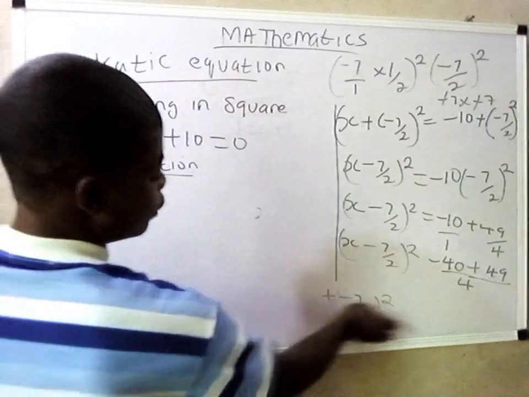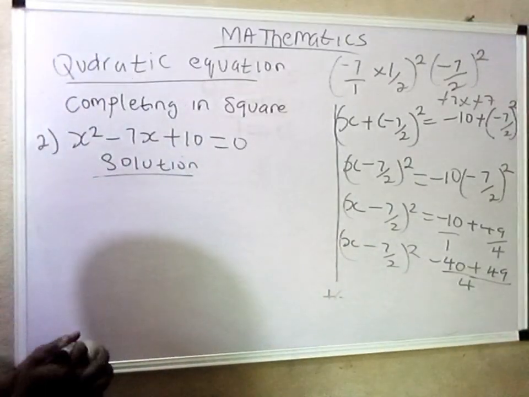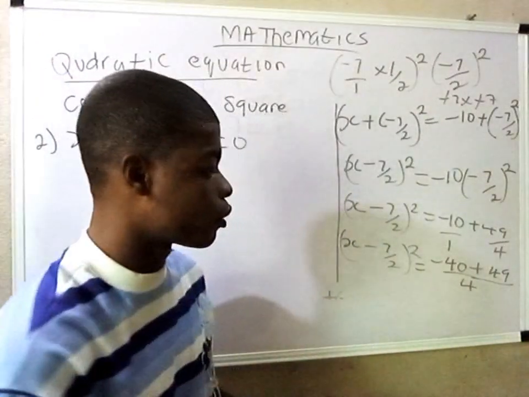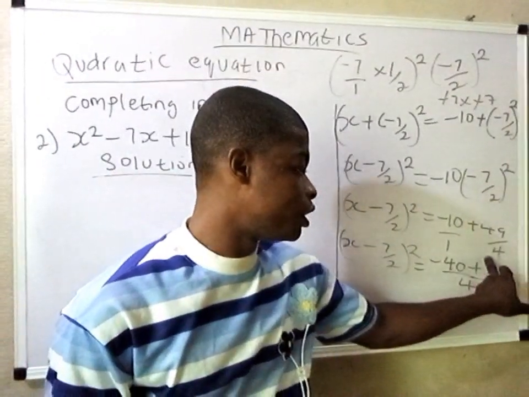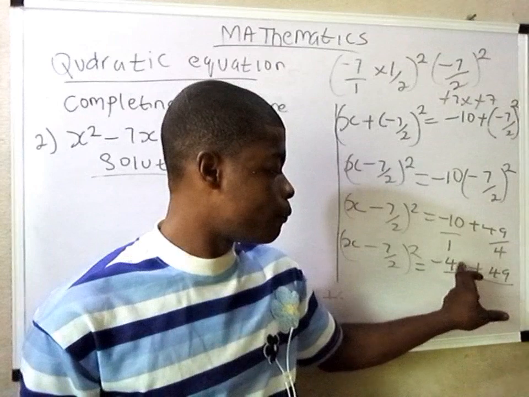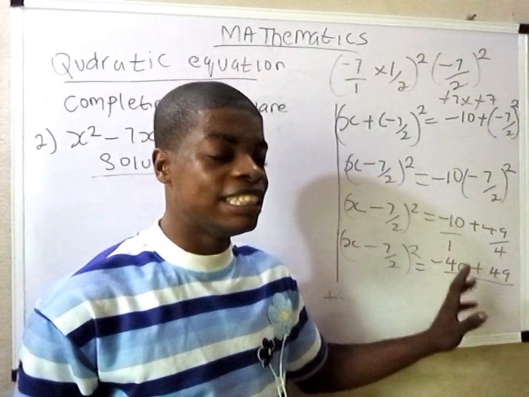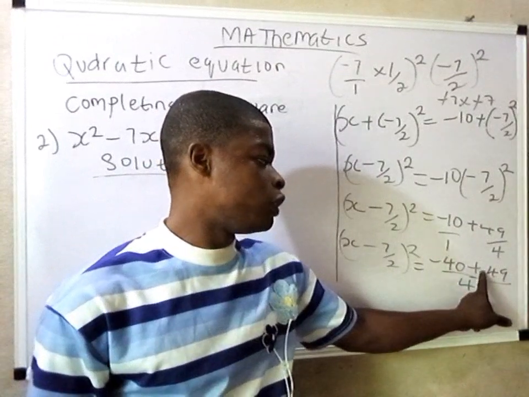You have to clean this side so we can solve it. So we can say that from this point, minus 40 plus 49 is 9. Then take out the bigger number, which is plus 49.